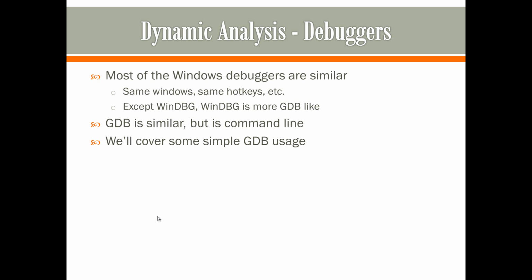I don't quite agree with that statement anymore in my presentation, but it's more like GDB in the sense that it's more command-oriented. So from WinDbg, you'll be executing more commands and doing stuff more manually, whereas in something like Olly or Immunity, you have more of a graphical interface to work with.